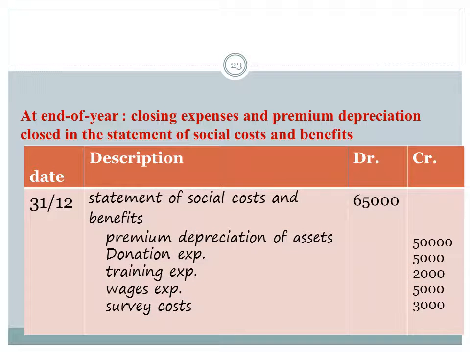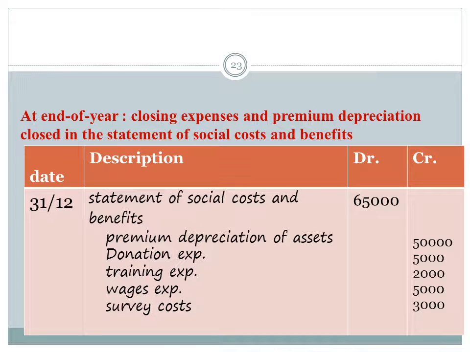All of the expenses plus premium depreciation firstly appear on the debit side. So when we make closing entries, it should be on the credit side. The debit side will be statement of social costs and benefits because benefits of the entity are decreased, so statement of social costs and benefits will be on the debit side.